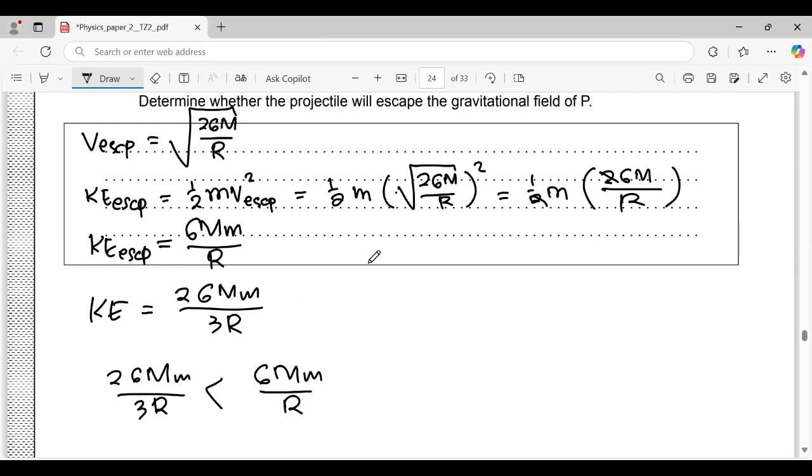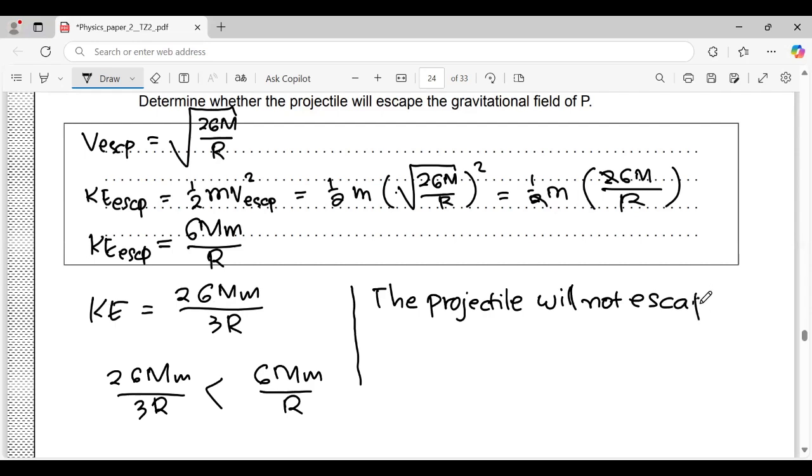So the conclusion we can say is that the projectile will not escape the gravitational field of P.